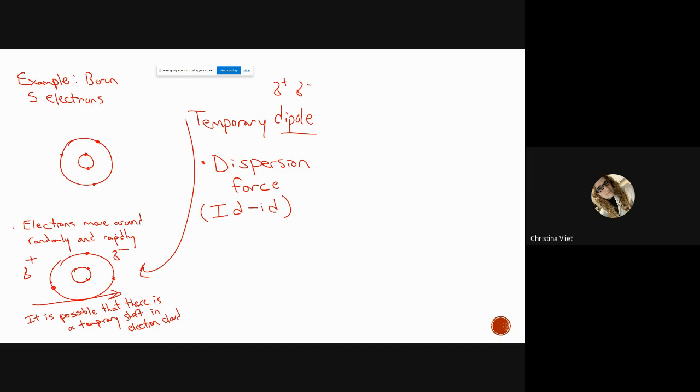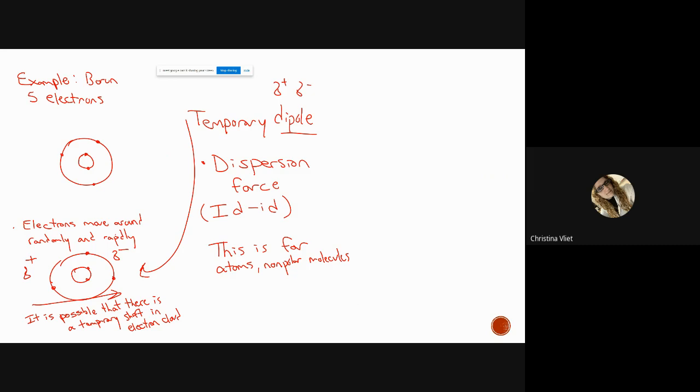This is for nonpolar atoms and nonpolar molecules. So atoms would have dispersion forces because they have electrons. Molecules that are nonpolar would still have dispersion forces because the electrons that they do have can move.